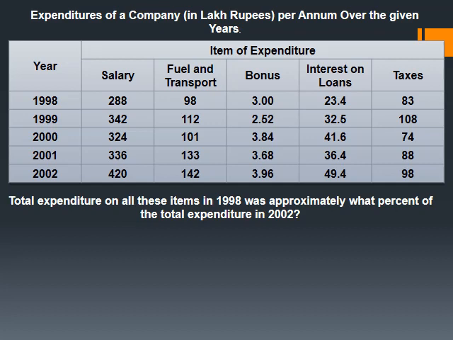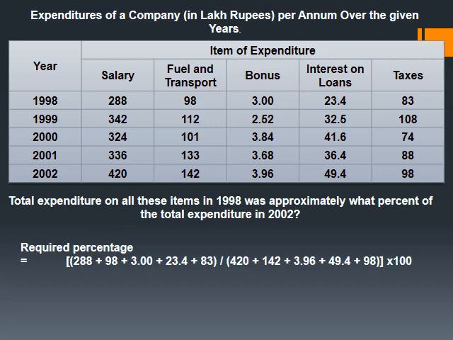One is 1998 and the other one is 2002. So we have to add the expenditure during 1998 and we get a number. Similarly, for 2002, add all these expenditures and we get a number. Then the question is what percentage will be the total expenditure of 1998 out of the expenditure of 2002. So we had to divide what we get in 1998 by what we get in 2002 and multiply by 100 to get the percentage.